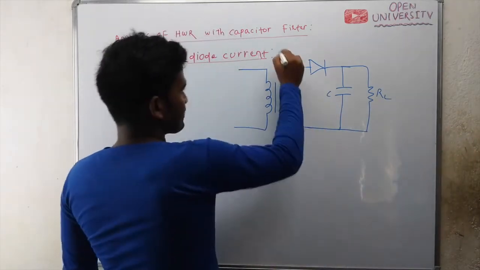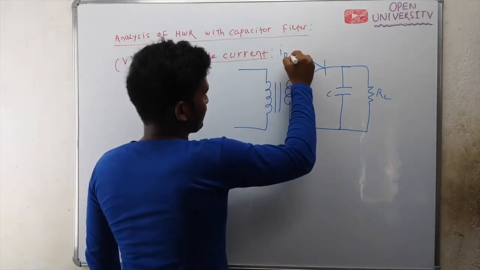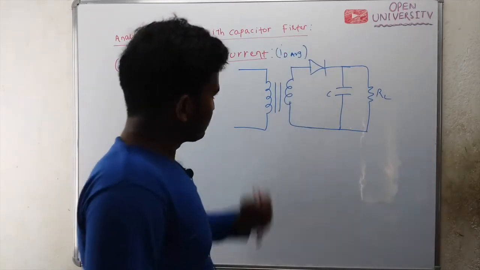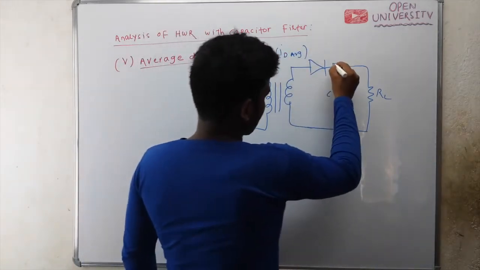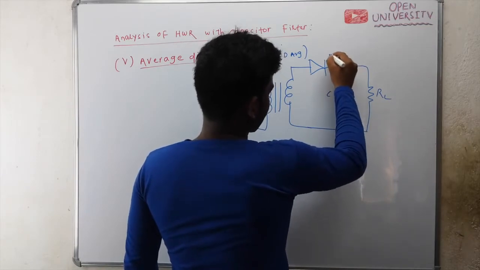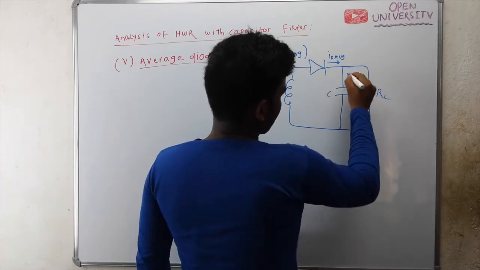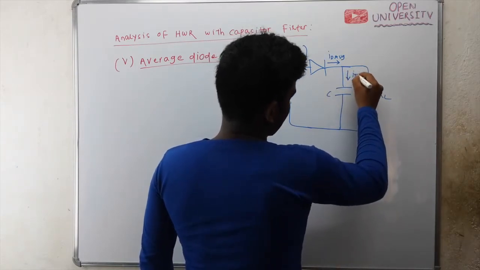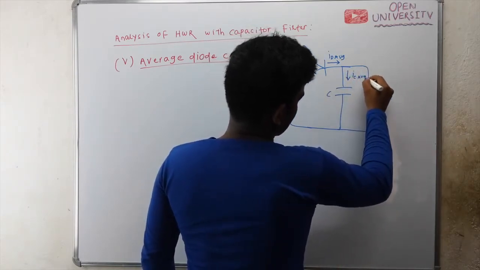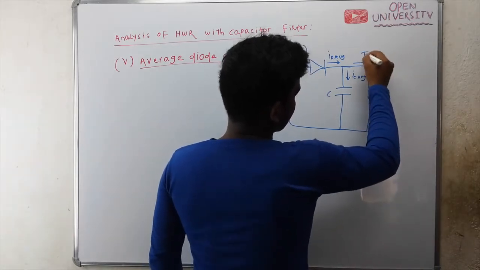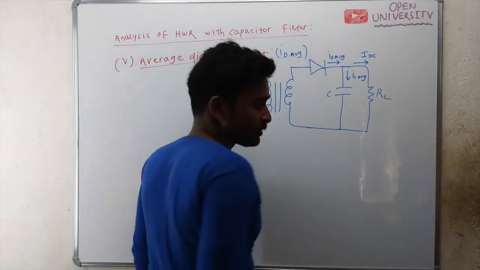I denote it as ID average. I want to find out ID average. This is your ID average, and this is your IC average, and this is your IDC, average current through the load.